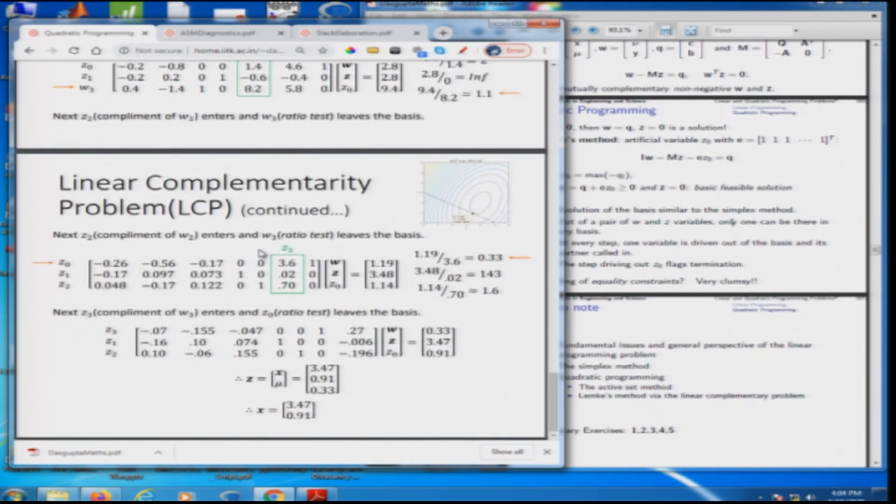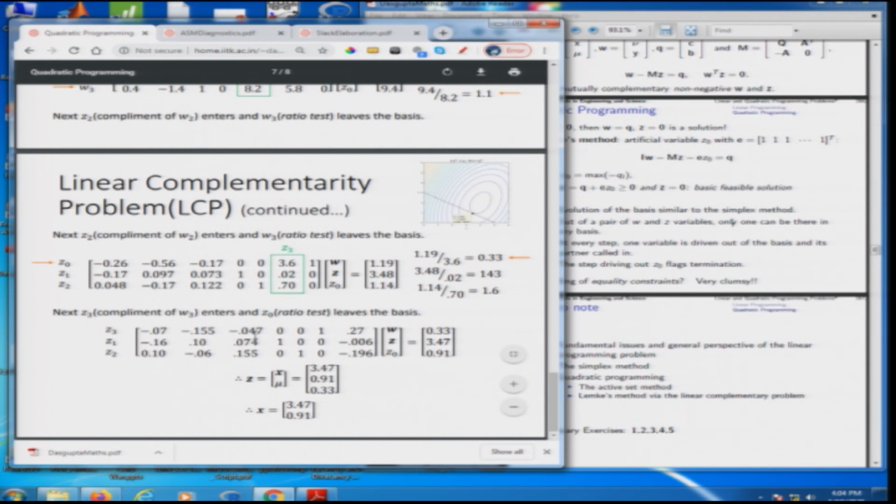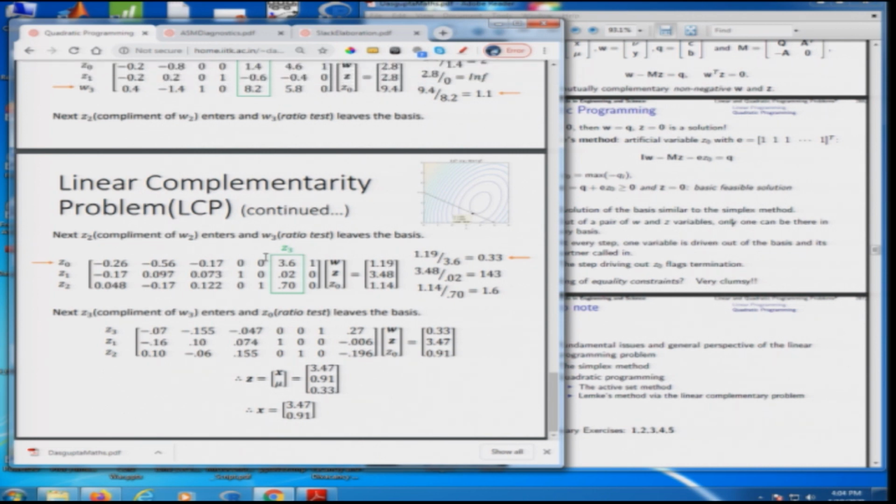So, we bring in z3 and z3 drives out z0. The moment z0 is driven out, we have got the solution and that solution is this. Okay. So, follow this solution steps carefully and you will get the entire picture step by step. In fact, not only follow, you should do it on your own by putting the appropriate logic at each point. Okay.